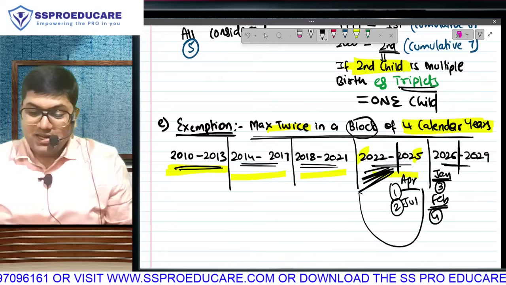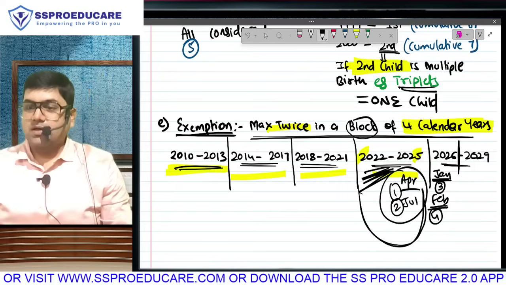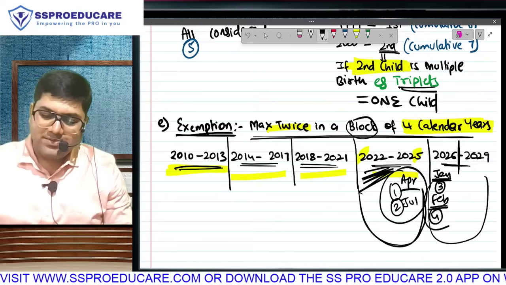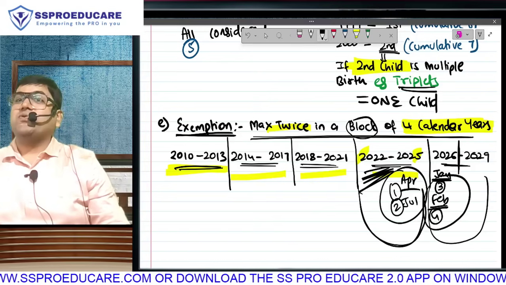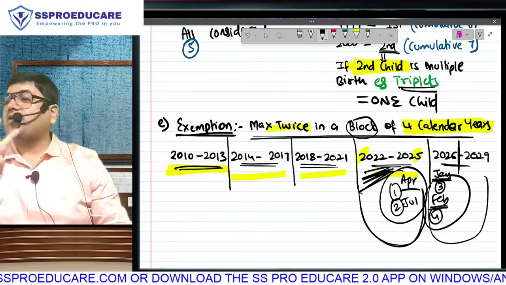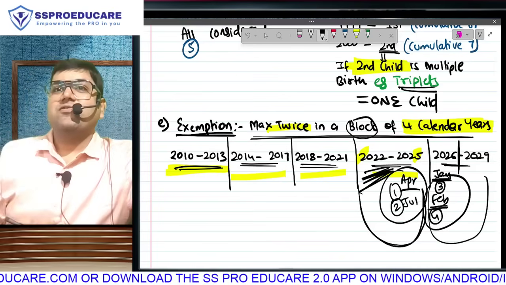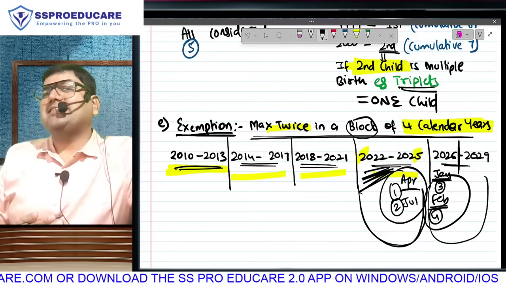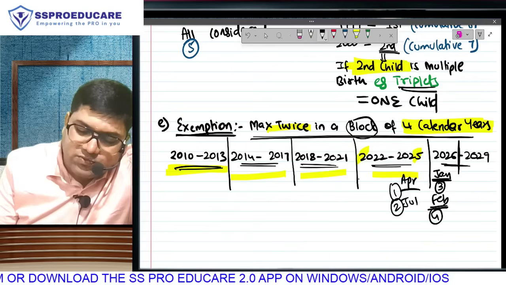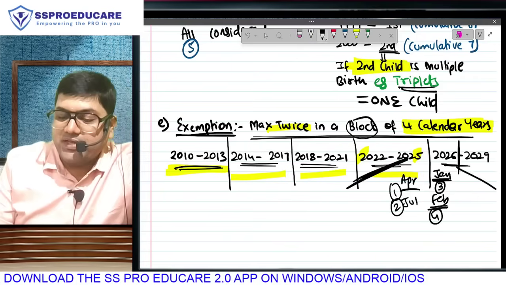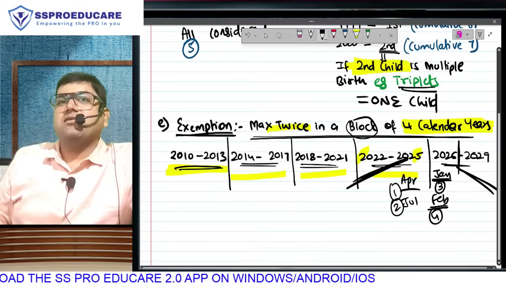Means now understand, in this block of 4 years, have I taken only 2 exemptions? And in the next block also, I am taking only 2 exemptions. But coincidentally, these 2 and those 2, which calendar-wise fall in different years, in fact fall in different blocks, fall in the same financial year. But the catch here is, then in the remaining part of both blocks, means 22, 23, 24, and this 27, 28, 29, obviously you will not get any other exemption.